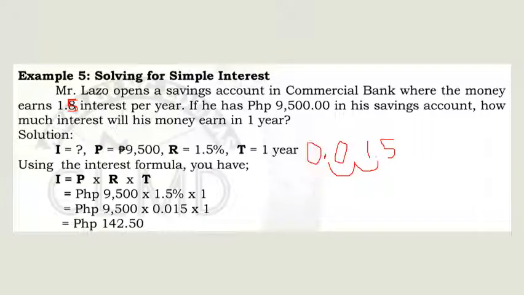So, kaya siya magiging 0.015. Then, times 1. So, pag multiply natin yung tatlong yan, makukuha natin is 142 pesos and 50 centavos. Ibig sabihin, sa isang taon, ito ang magiging interest or tubo ni Mr. Lasso sa pag-deposit ng 9,500 pesos sa kanyang savings account sa commercial bank.